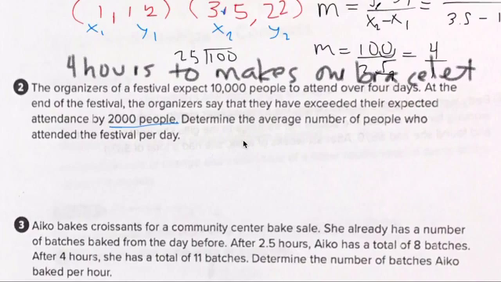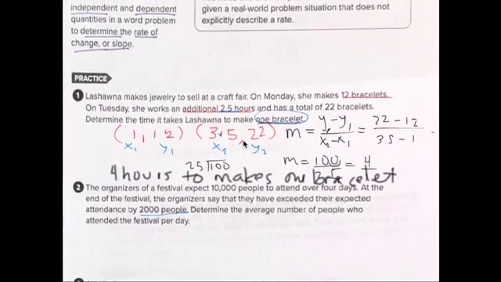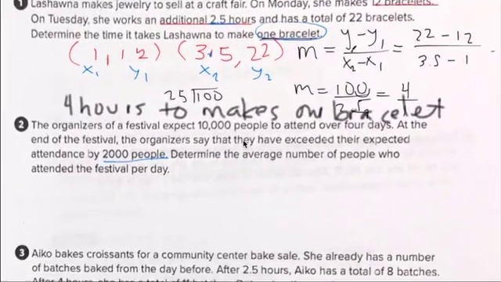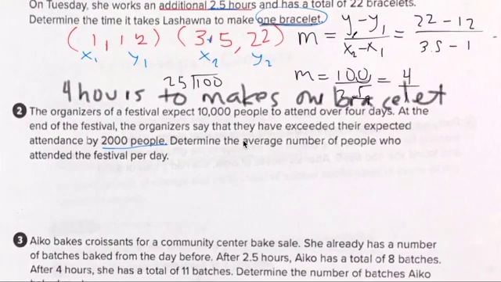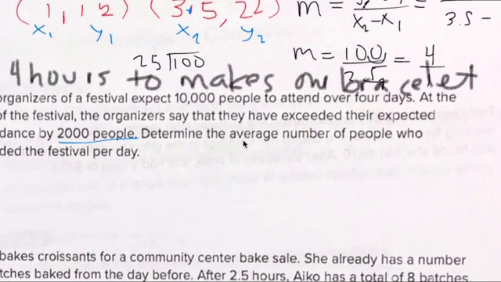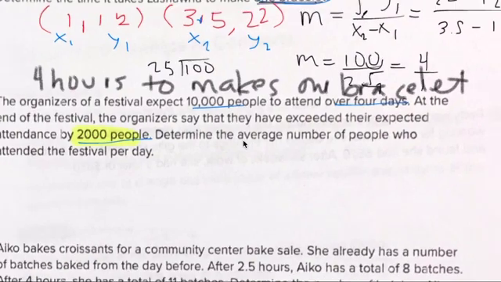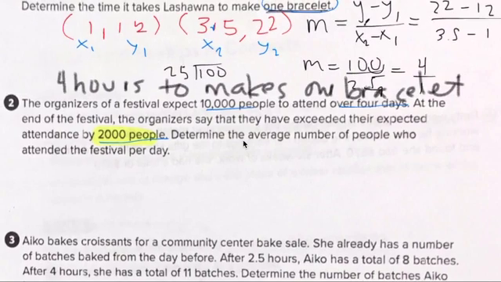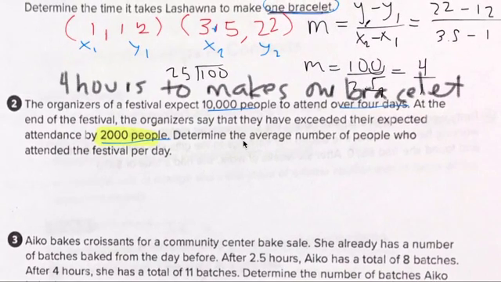Need to think about this. What did it ask here to do? Determine the average number of people who attend the festival per day. Okay, so they expected 10,000 people over 4 days, right? That's what they expect. But they got 2,000 more people. They said that they exceeded their expectation by 2,000 people. So they actually got 12,000 people.